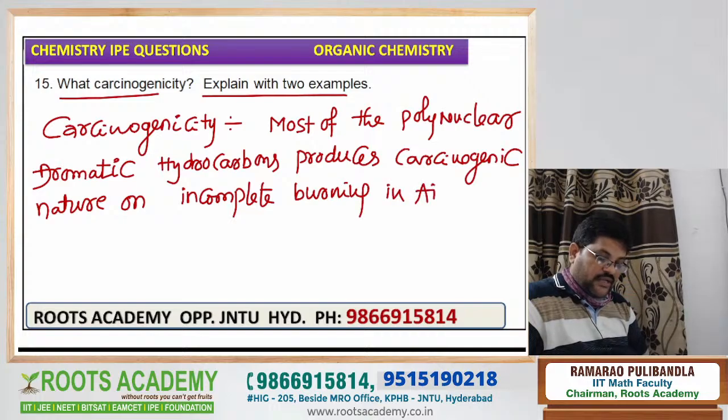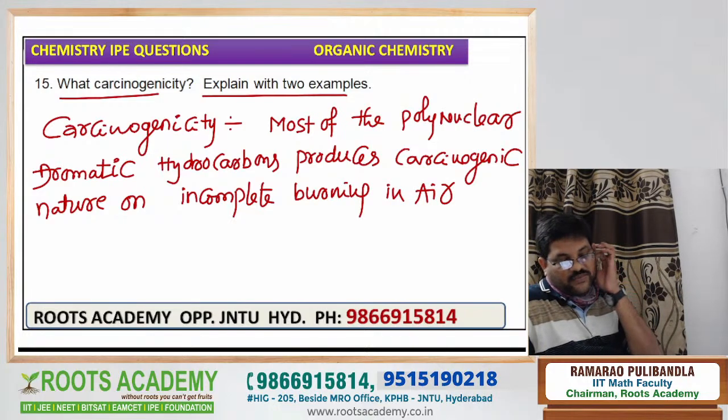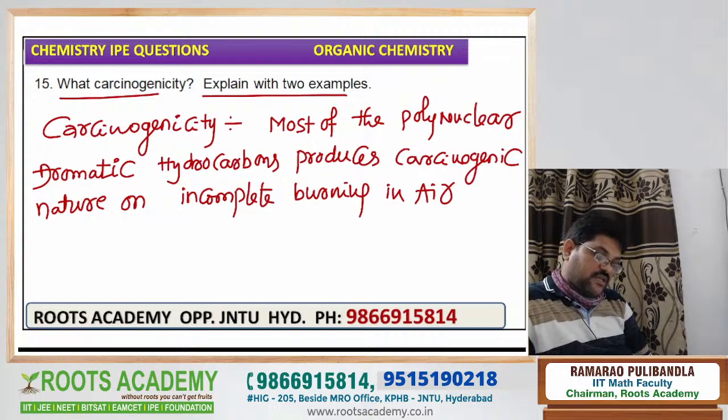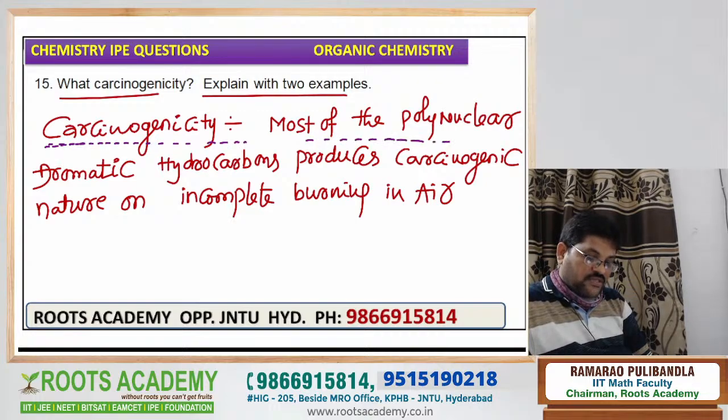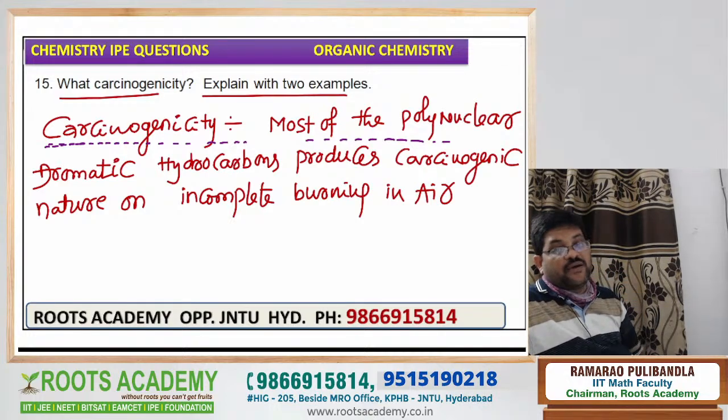Incomplete burning in air is the simple explanation. Repeat, students: what is the meaning of carcinogenicity? Carcinogenicity means most of the polynuclear hydrocarbons produce carcinogenic nature on incomplete burning in the air.